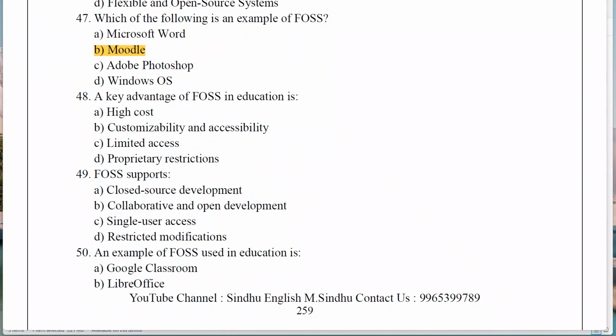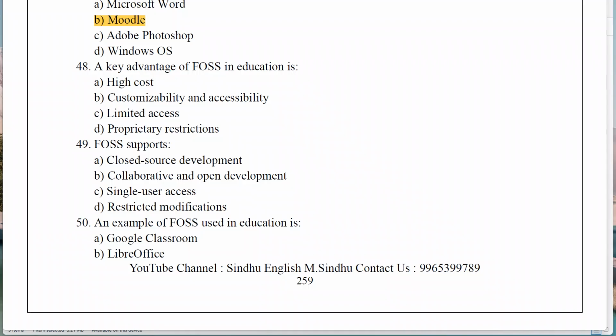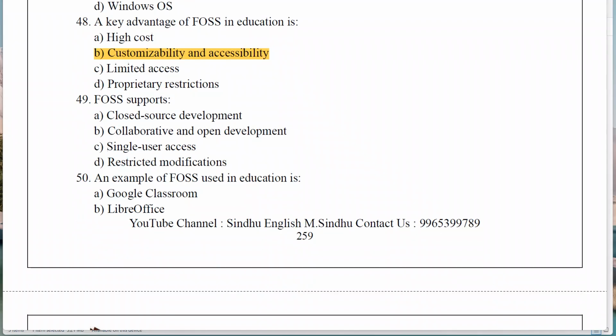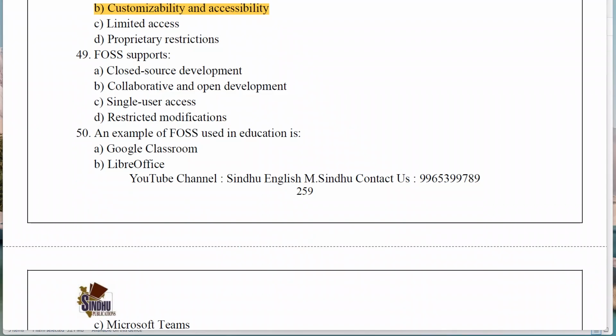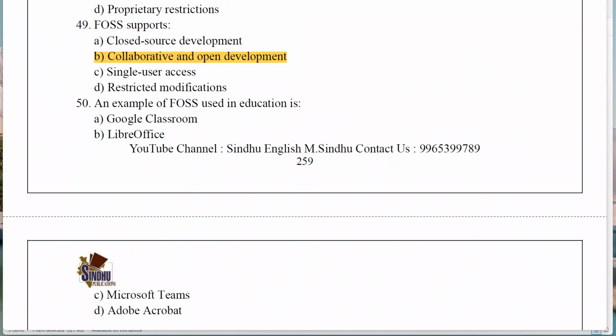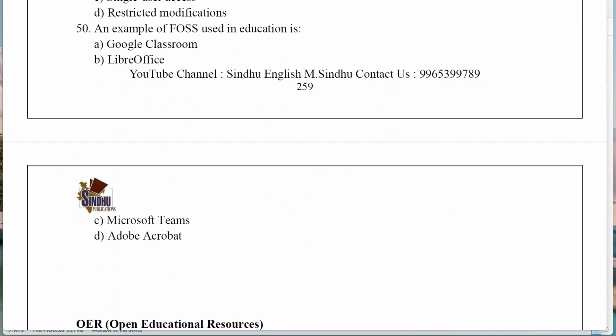A key advantage of FOSS in education is customizability and accessibility. FOSS supports collaborative and open development. An example of FOSS used in education is LibreOffice.